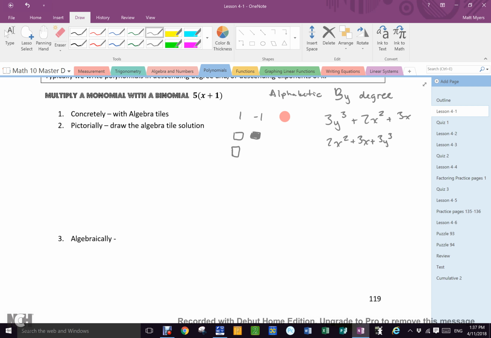All right. The other algebra tile you have is a bar. And that bar is a little bit shorter than 5 of these. Because it's a little bit shorter, you don't know the exact value. And since you don't know the exact value, that gets an X. Wait, didn't I learn this last year?